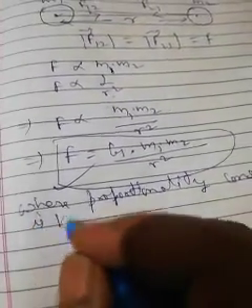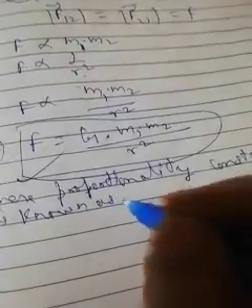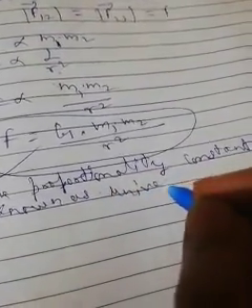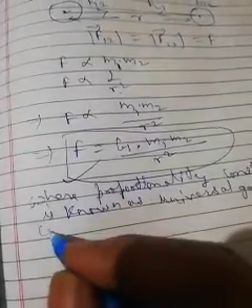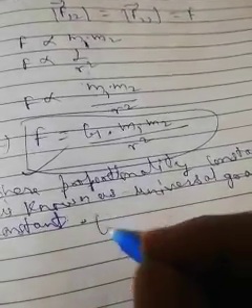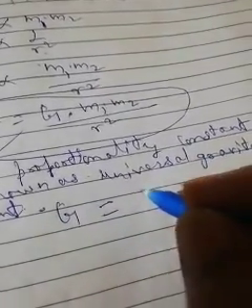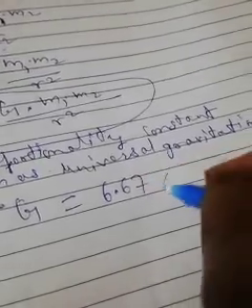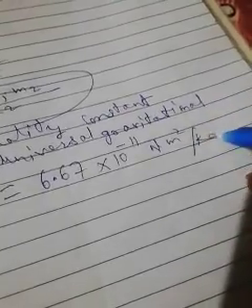Anywhere in the universe its value is the same. Its value was first experimentally determined by Cavendish, and it came 6.67 into 10 to the power minus 11 Newton meter square per kg square.